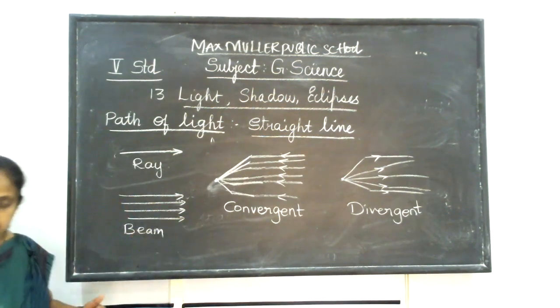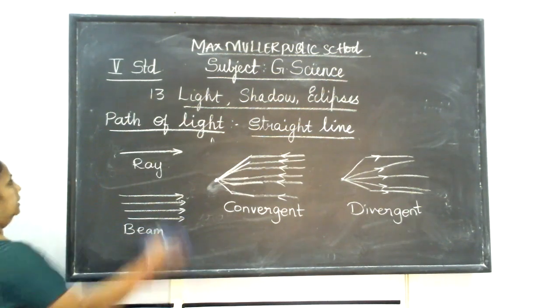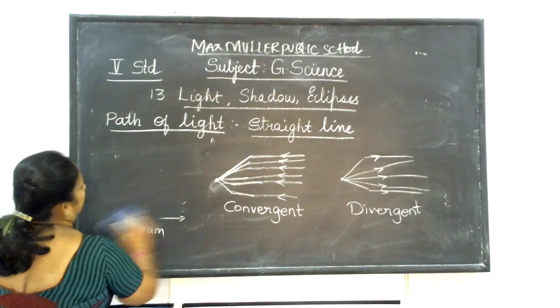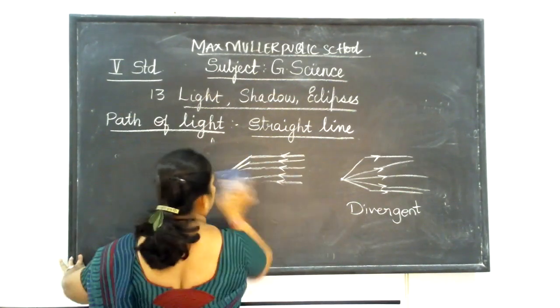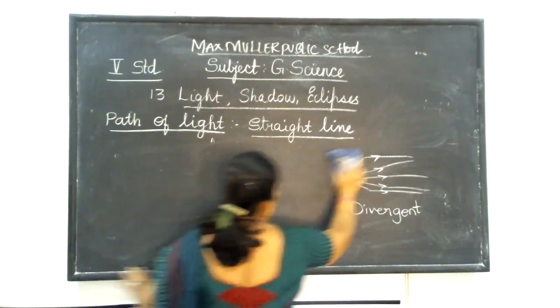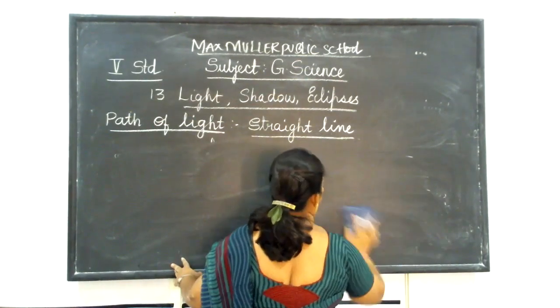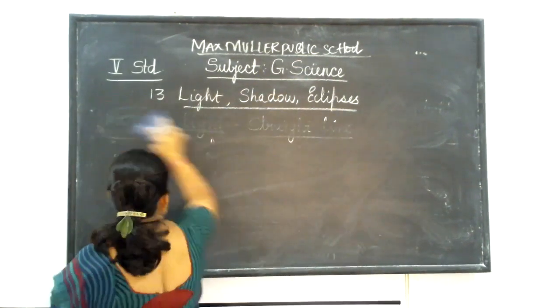Now next, as we said, only in the presence of light are we able to see objects. I explained how it is possible.